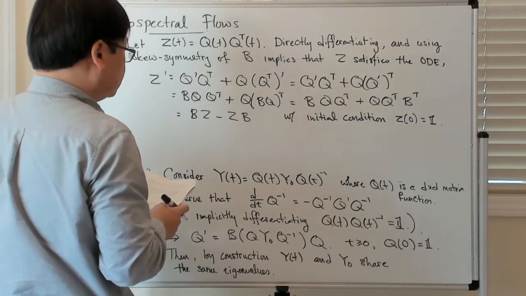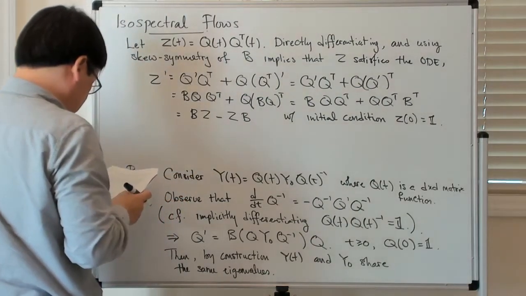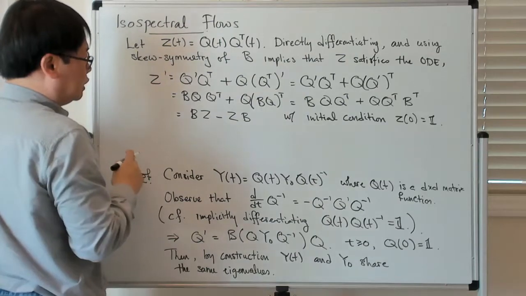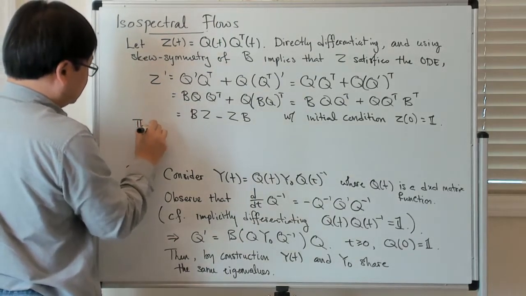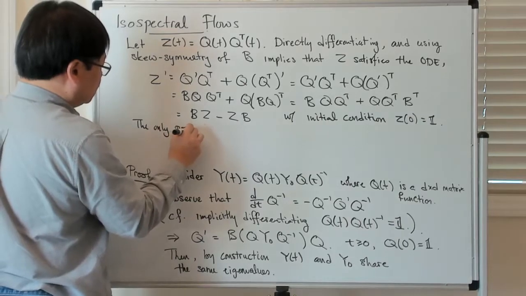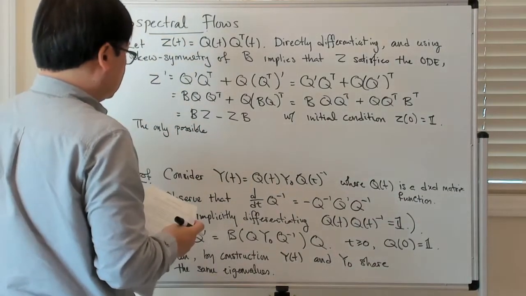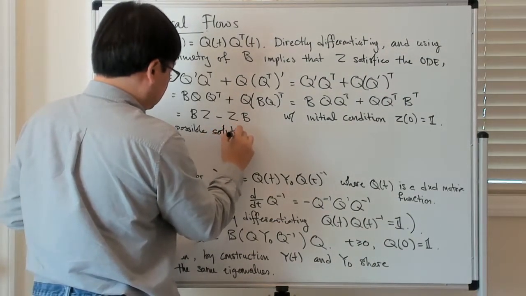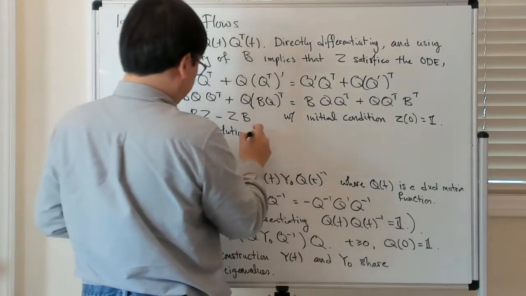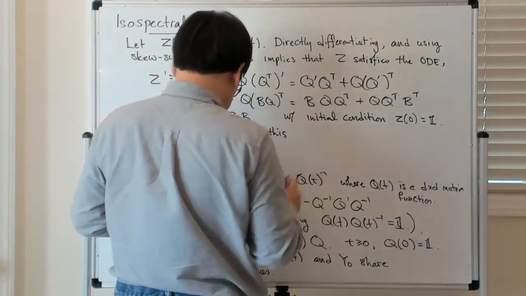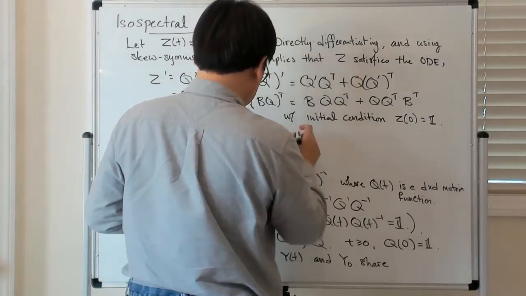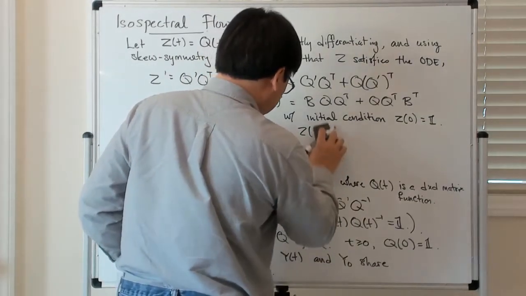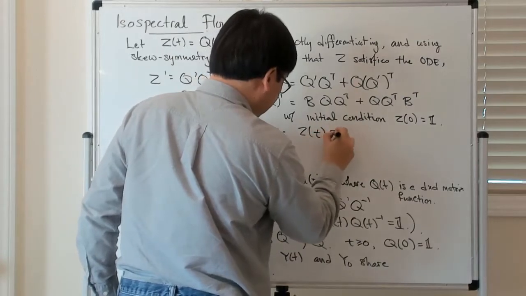So what happens is that the only possible solution of this is that Z of t is identically the identity.